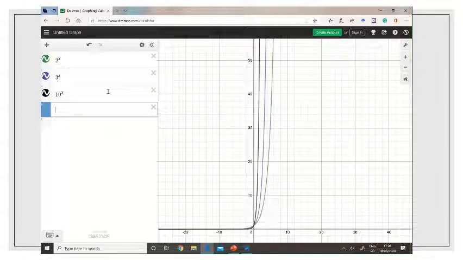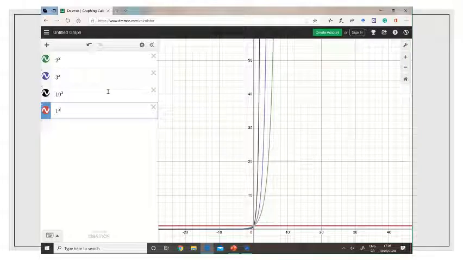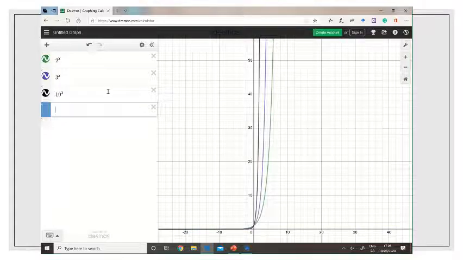So something to notice is, what if you've just got 1 to the power of x? Well, you're just going to have a flat line, because 1 to the power of 1 is the same as 1 to the power of 2, which is the same as 1 to the power of 3. You're just going to have 1 basically. Okay, so that's how those graphs look.